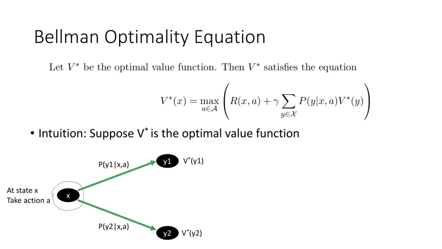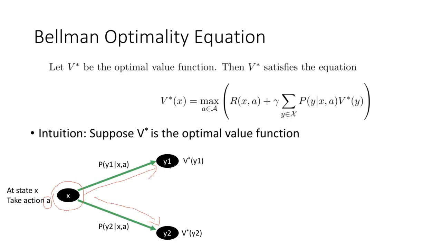And now suppose that you take an arbitrary action A. You know that the environment is stochastic. So with some probability, you may end up in state Y1, and with some probability you may end up in state Y2. Now assume that from the next step onwards, that is from Y1 onwards, you are going to follow the optimal policy.